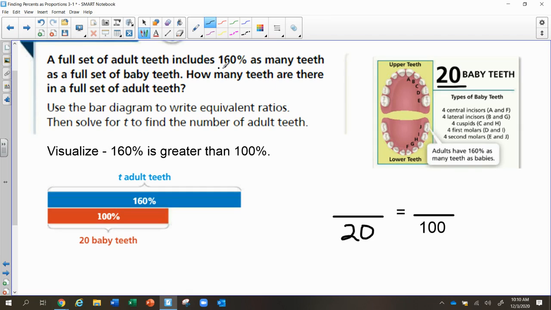I'm looking for how many percent? 160%. So it's still a fraction over 100. And I'm looking for the amount of adult teeth. We can use t as a variable. That's what it says here, so might as well. We can use x, we can use any letter as a variable. I'm going to use t for teeth.